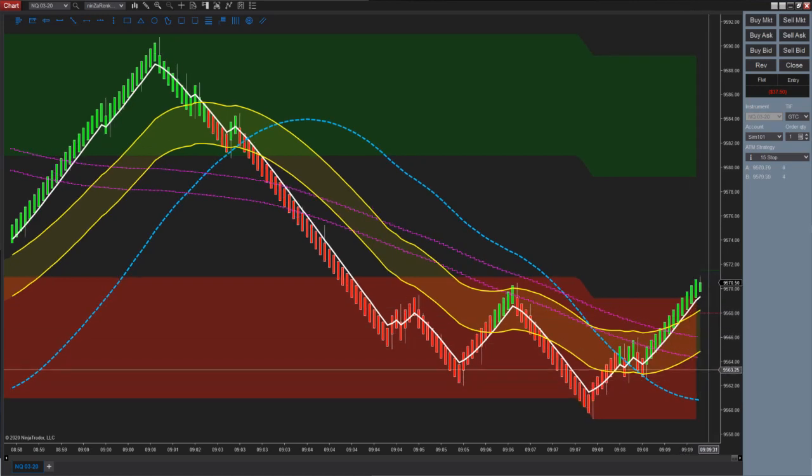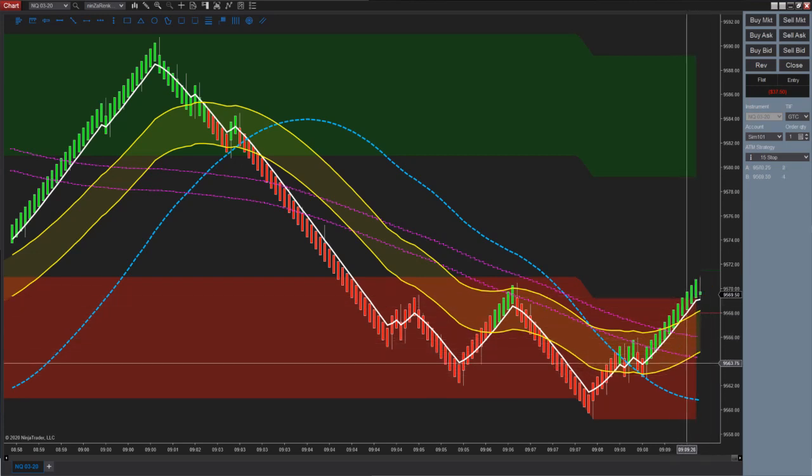Okay, if they pull back, we'll go long. Because now we're having a support zone here, and it will be plus first pullback.